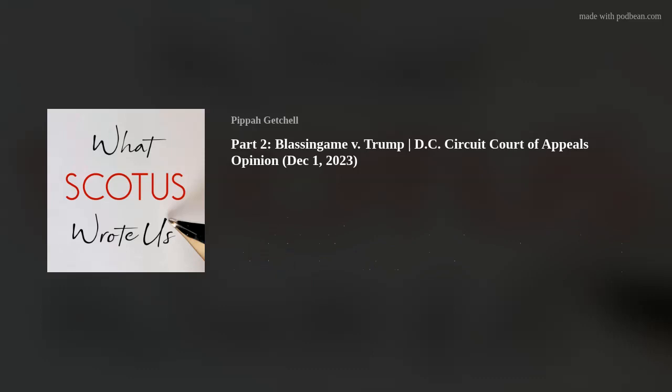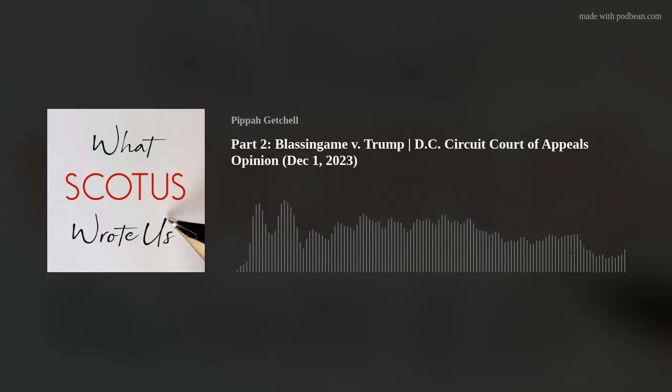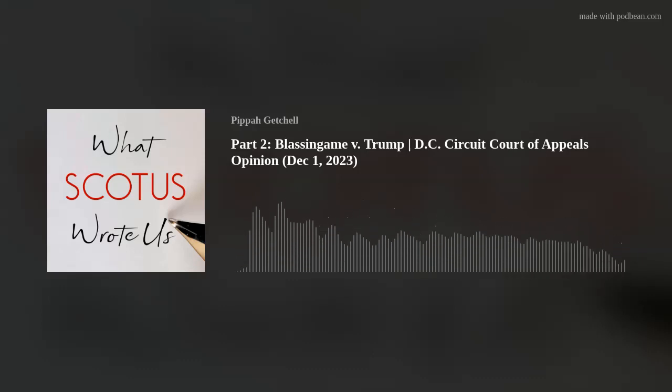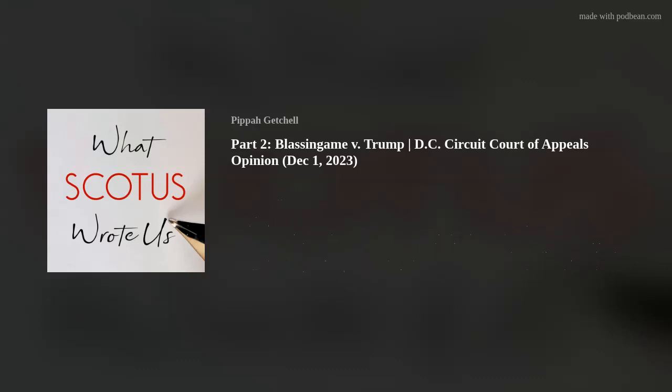Section B. President Trump maintains that his actions as alleged in the complaints fall within the outer perimeter of official presidential responsibility, entitling him to official act immunity as to all the claims against him.